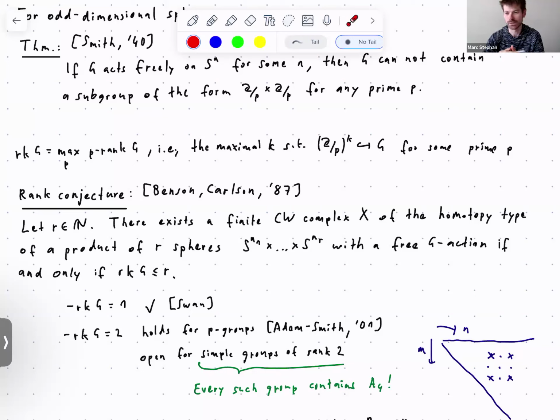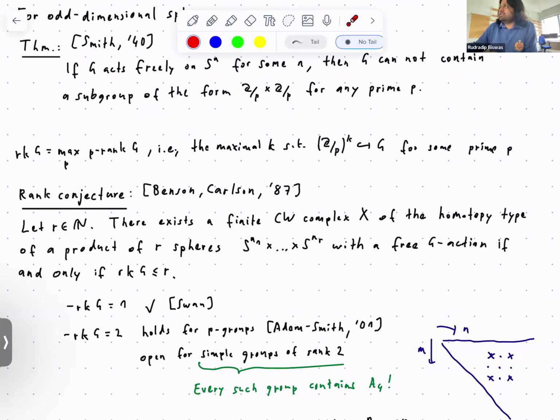Trying to find that result. Just a second. That was for infinite groups with some finiteness properties assumed of it. I can't seem to find it just yet.